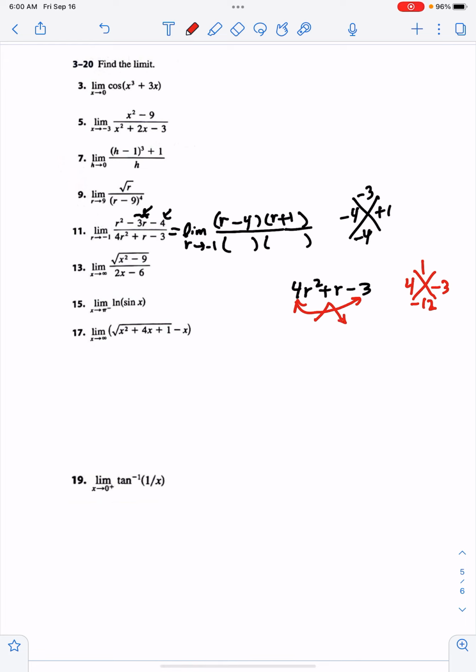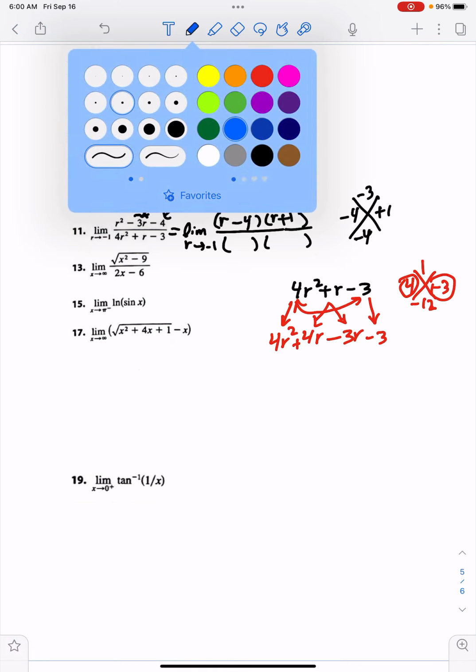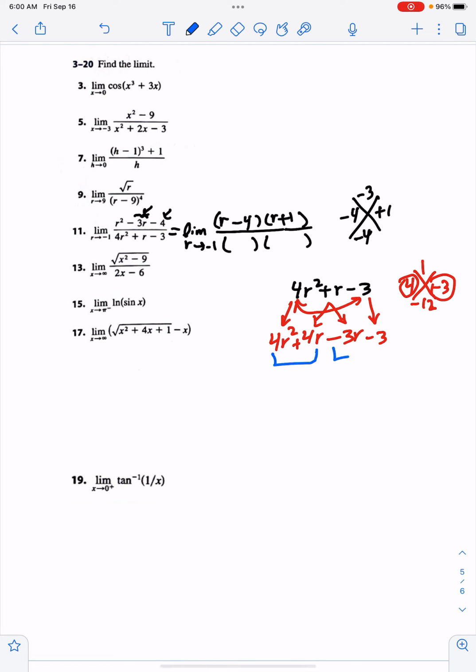You break the middle term with these two numbers that you found. So that's 4r minus 3r. So instead of r, I write it as 4r minus 3r by these two numbers. I bring the last number down. I bring the first number down. So let's factor from here. 2 by 2, you factor 4r from the first two, so it's r plus 1.